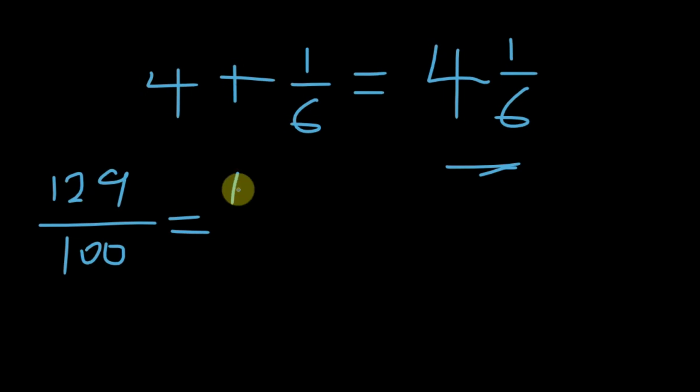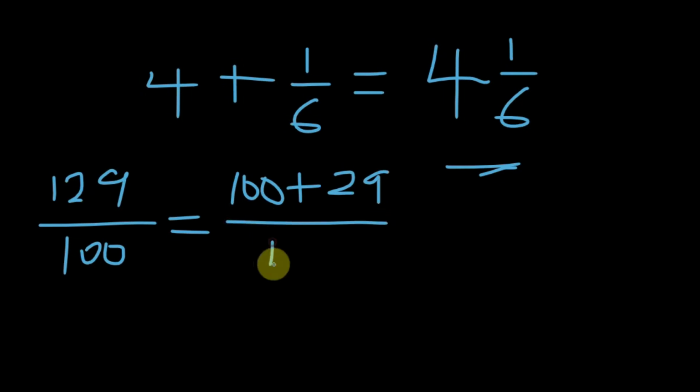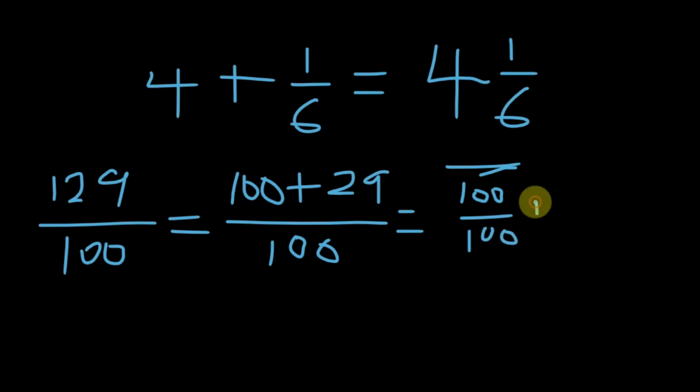There we have 100 plus 29 over 100. This will equal 100 over 100 plus 29 over 100.